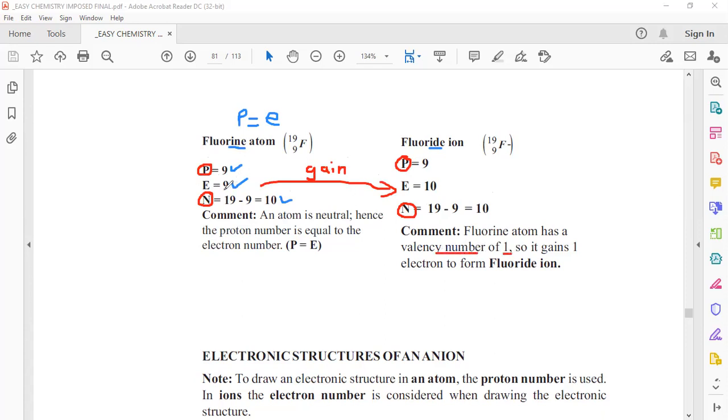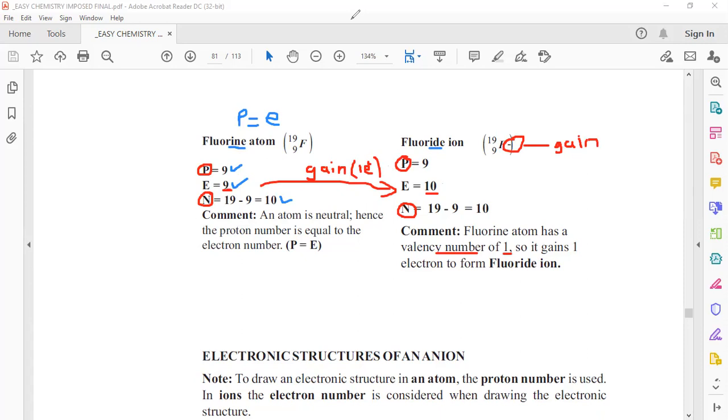Therefore, from the initial 9 electrons, it gains 1 electron and it goes to 10. So whenever you see a negative, always think of a gain. There is a gain which is happening.